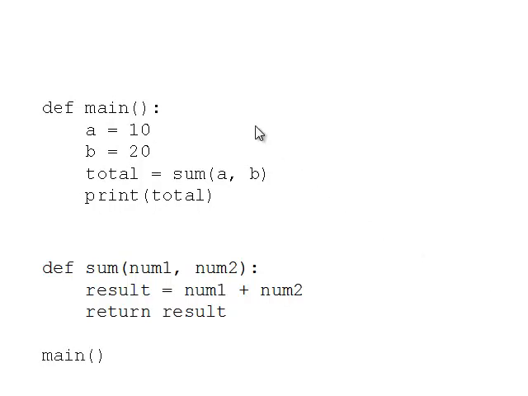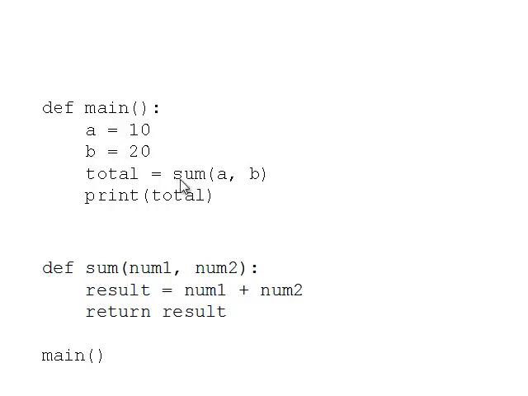Well, here's an example where we have a main function, and you can see here we have the statement that calls the main function. When we execute the program, this calls the main function, and then the main function performs these two assignments: a equals 10, b equals 20. And then we have this statement.